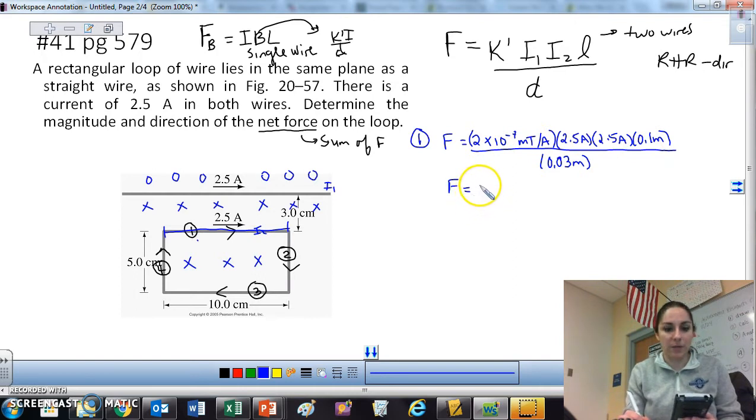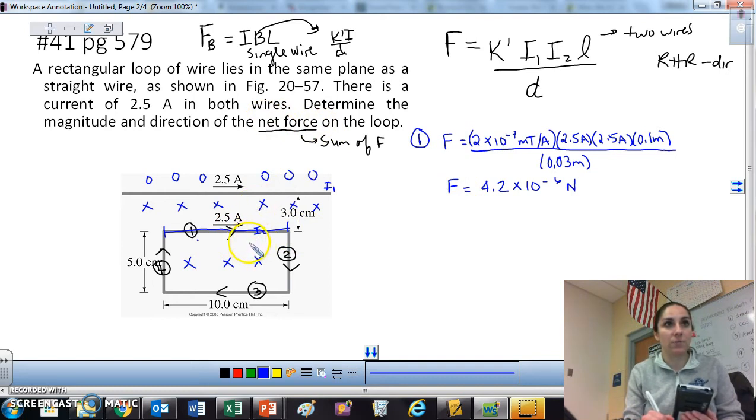So what I get when I calculate this, I'm just double checking my calculations, they look okay, is 4 point, I'm going to round, 2 times 10 to negative 6, and this will be in newtons like that. So that is the force.